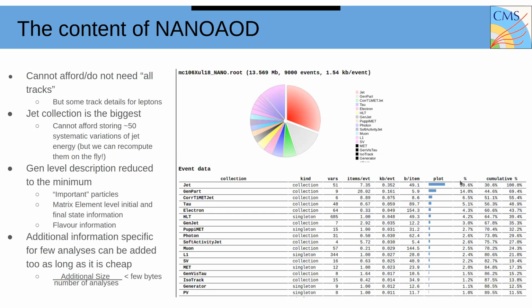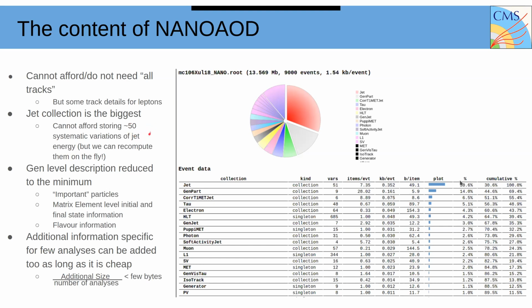For example, the energy may change when you want to estimate the calibration. So if you have uncertainty on the jet energy, you want to have also variations up and down. Now, in CMS, we have something like 20 or more than 20 variations for which we have plus 1 sigma and minus 1 sigma. So you will be storing 50 copies of the energy and perhaps 50 copies of the mass of a jet if you do so.